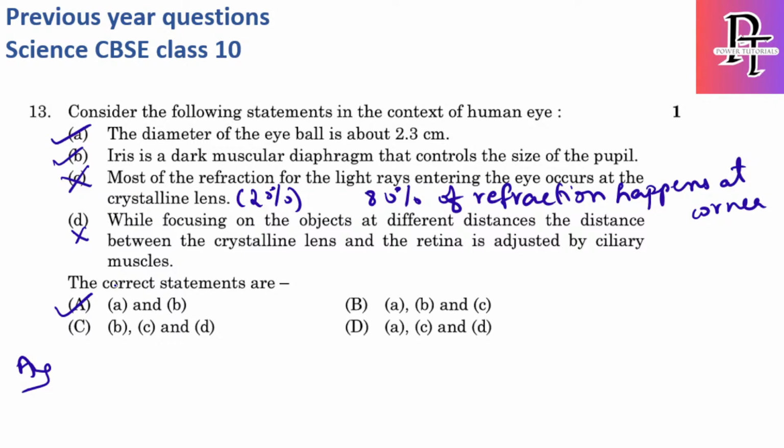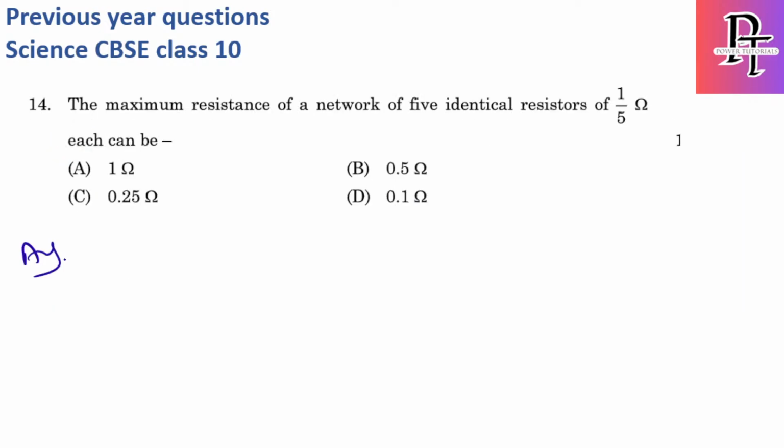Okay, let's move to the 14th one. The maximum resistance of a network of 5 identical resistances of 1/5 ohms each can be.